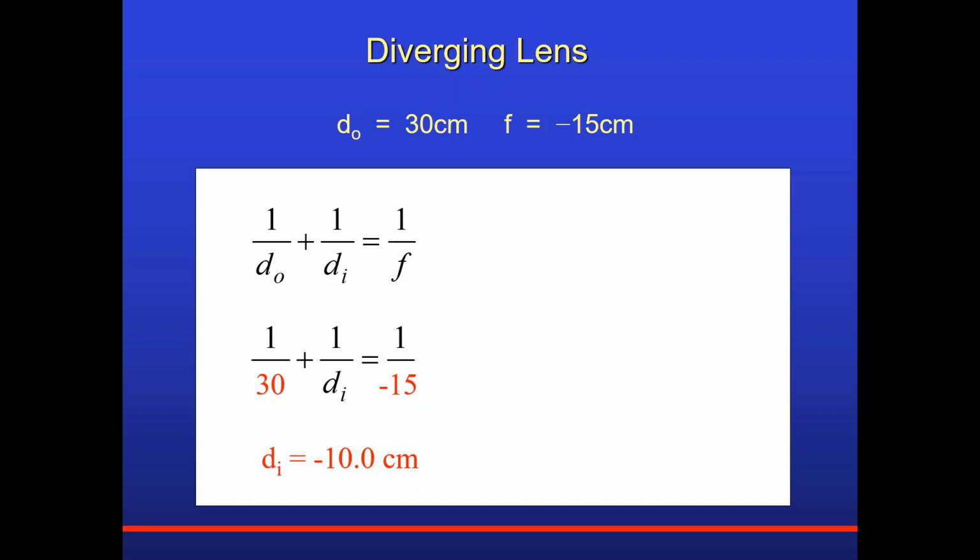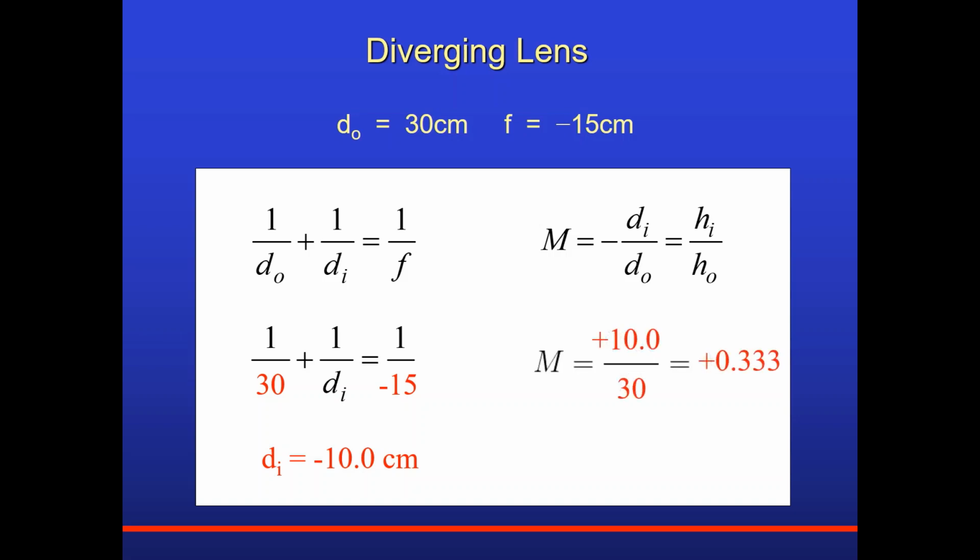Since it is before the lens, it's going to be a virtual image. It's where rays appear to come from. Magnification is minus di over do. Di is negative, so minus di. We get plus 10 over do, 30, equal to a plus 0.333. That's equal to hi over ho.